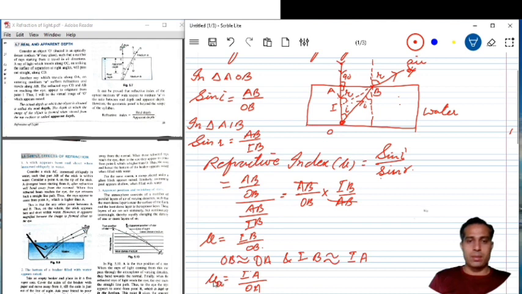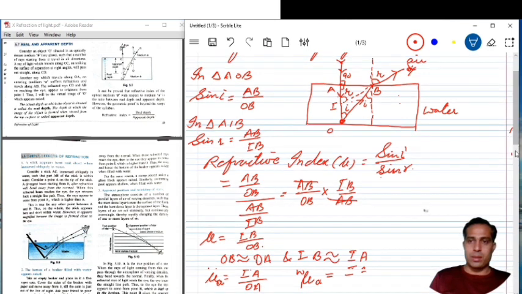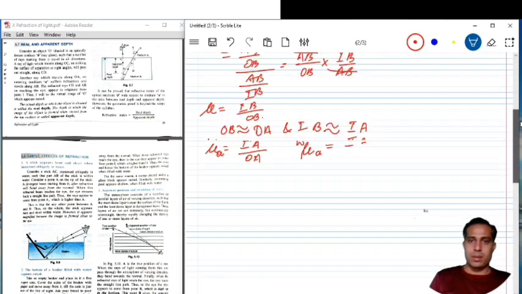This is the refractive index of air with respect to water, that will be IA over OA.